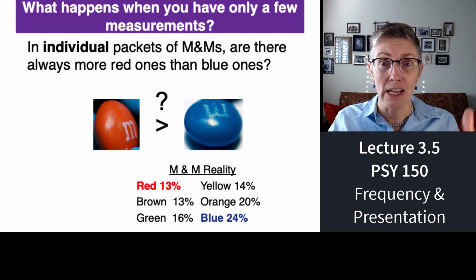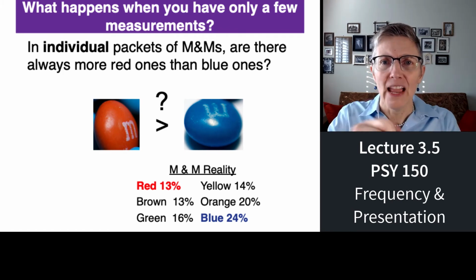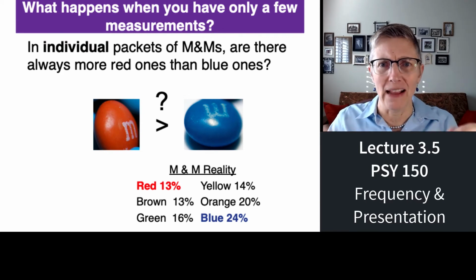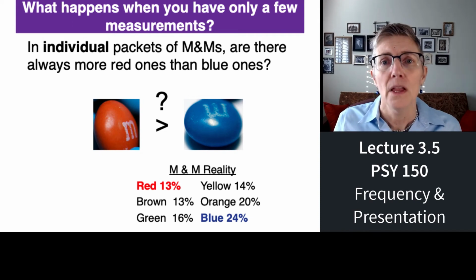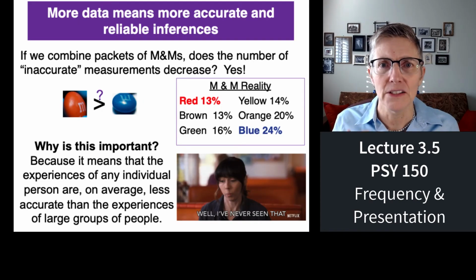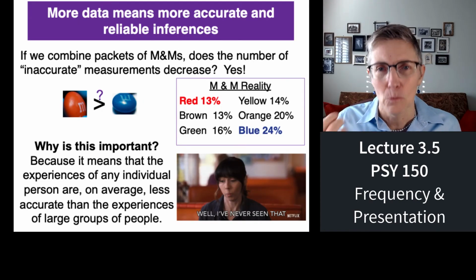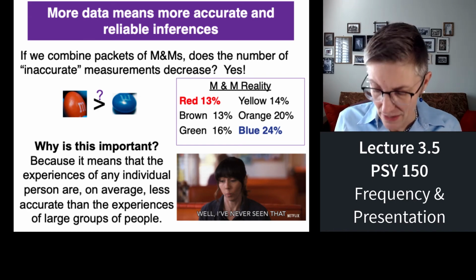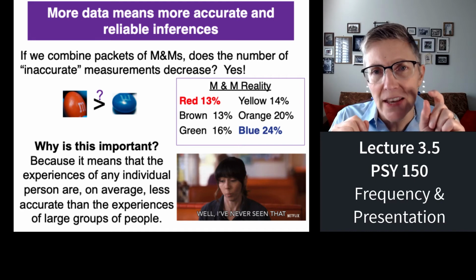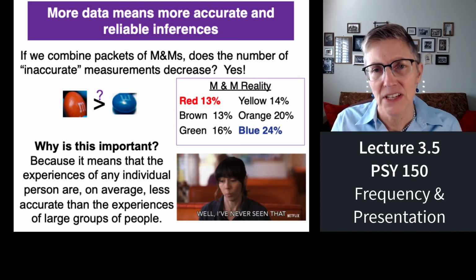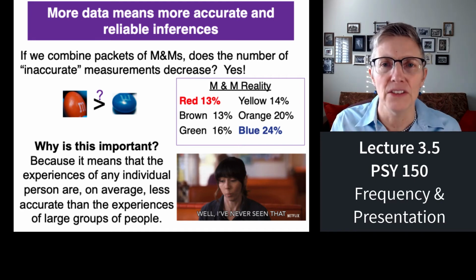But if you take a big bowl and you open up, say, 10 of those little packages of M&Ms and throw them in a bowl and then count them, you are much more likely to find more blue M&Ms than red M&Ms. As the number of measurements increases, your confidence in your data increases as well.